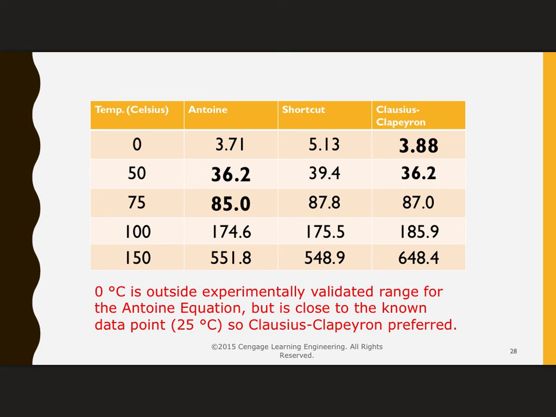It's not far off from what Antoine calculated at 0 even, and 0 is outside of the range of Antoine, but it won't be too terrible. At 50, it's the same as Antoine. As we move up to 75 degrees, it's not quite as close. So I would prefer the Antoine at 75.